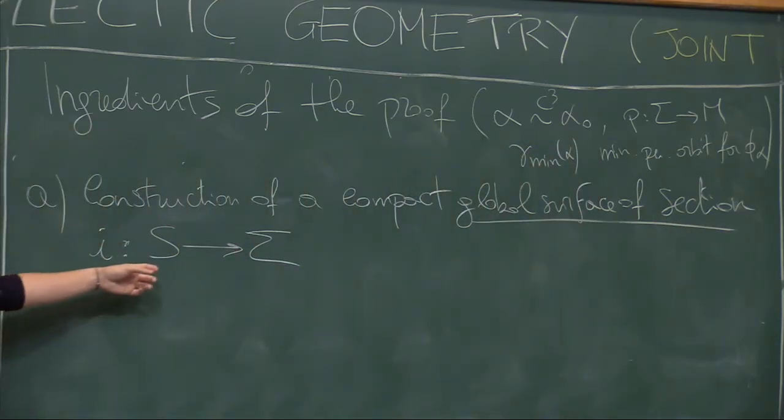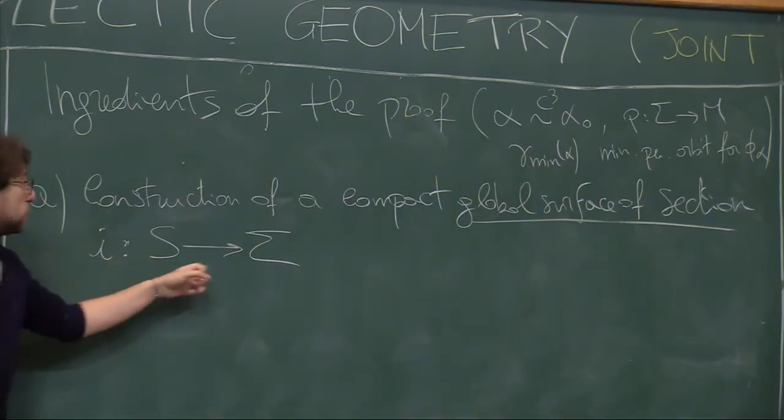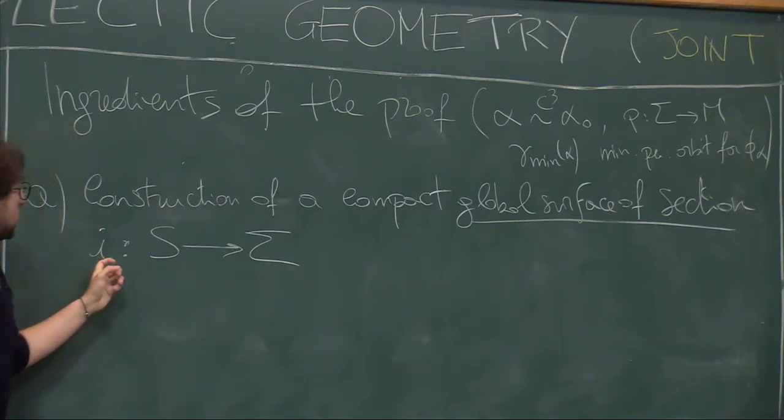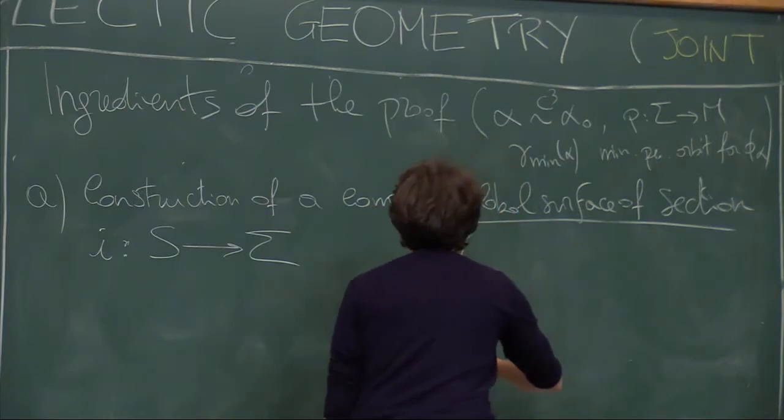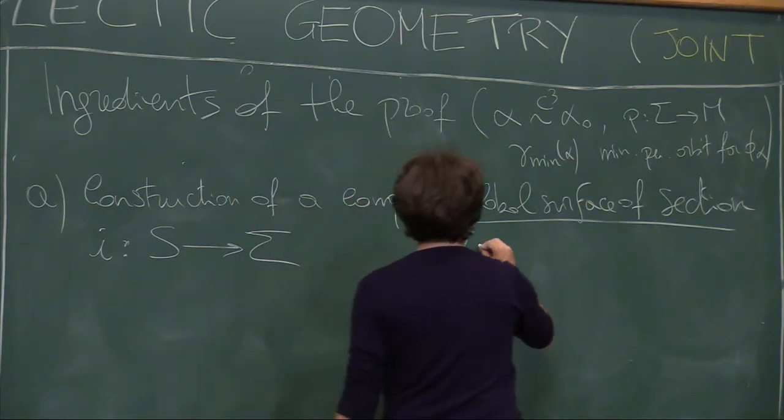Here S is a compact surface, i is a map into sigma, and this map has the properties that Dan also listed before. I'm going to repeat them here.